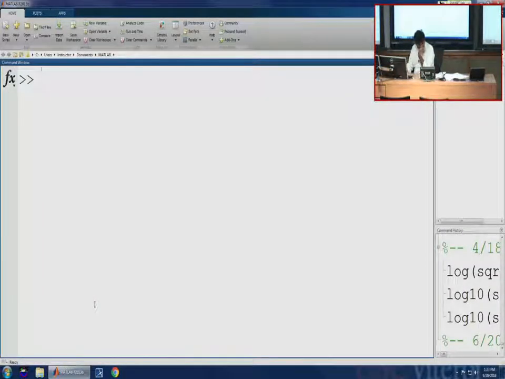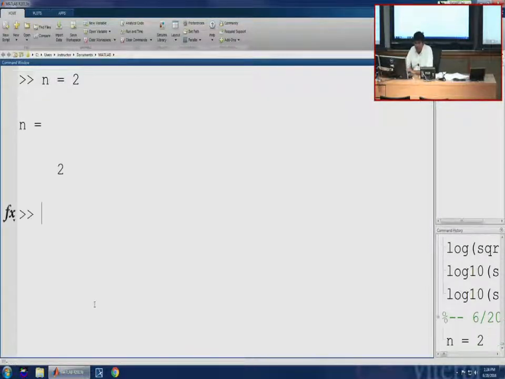Let's try a simple example with just 2 users, so we're going to set n equal to 2. Let's first plot the throughput for a range of probabilities.